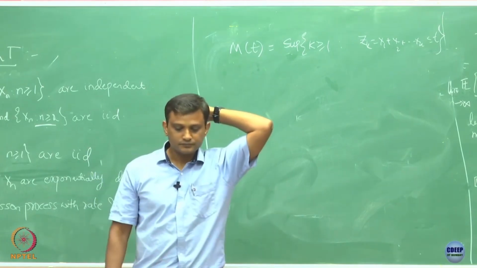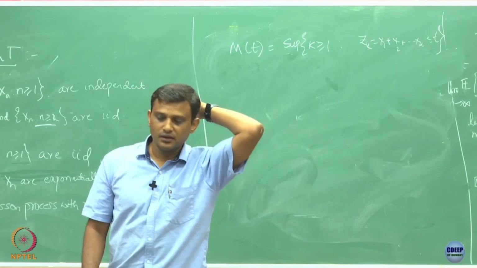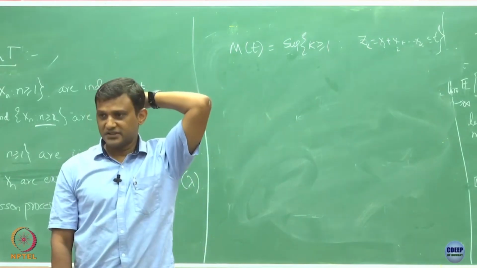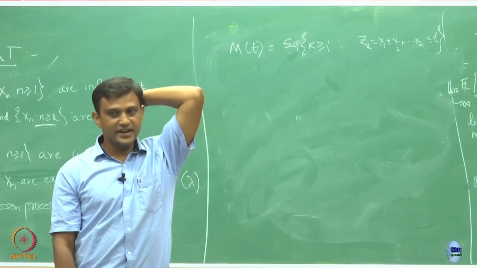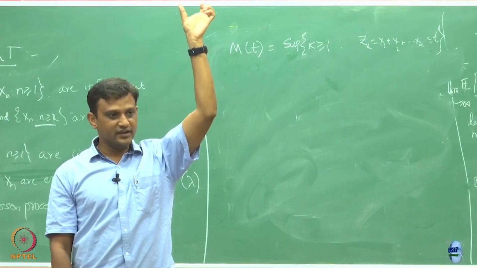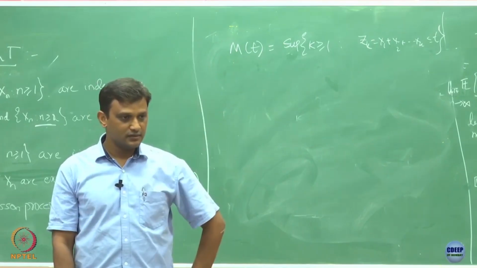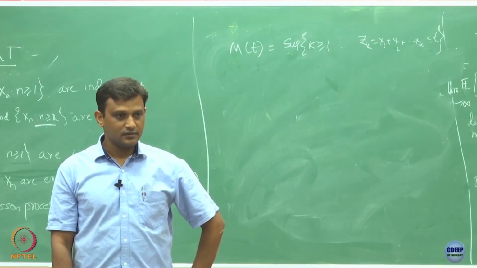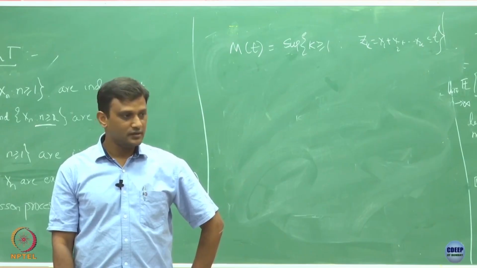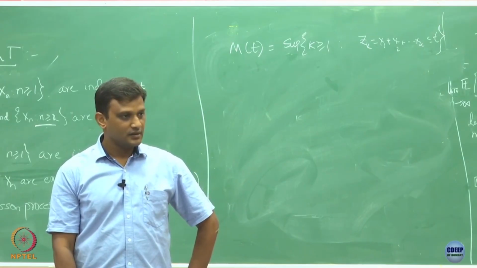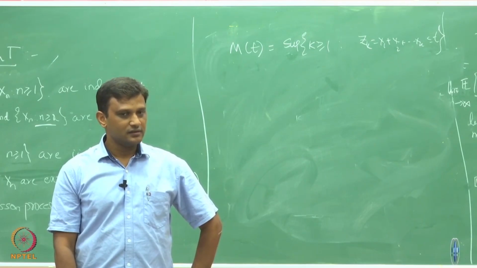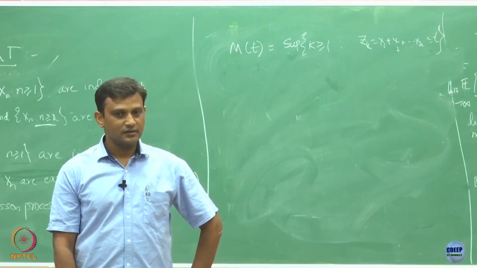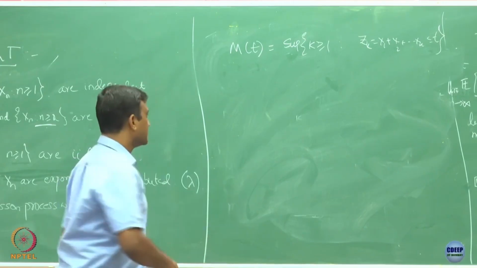So for a Poisson process, the number of arrivals in the interval 0 to t, what was that? Poisson, right? And what is the mean of that? 1 by lambda t? Lambda t, right? So what do you expect this to be?